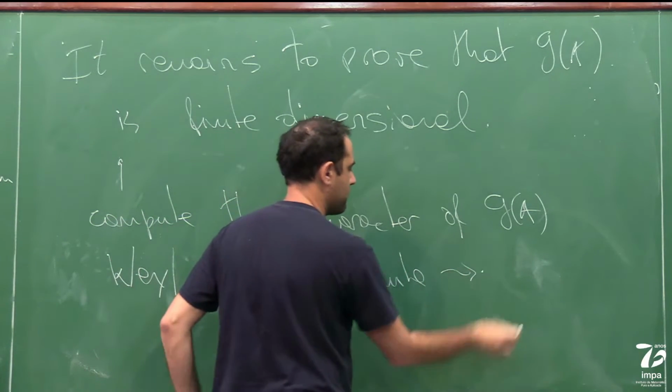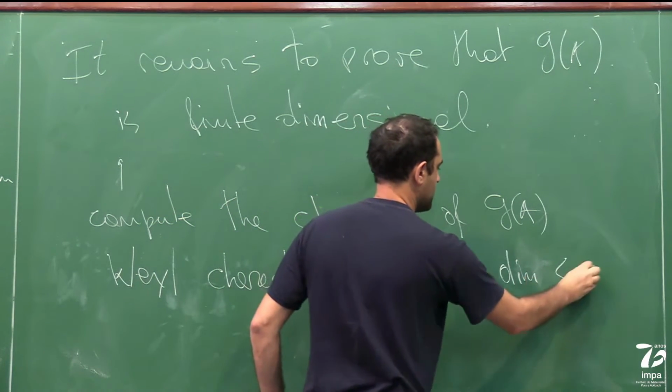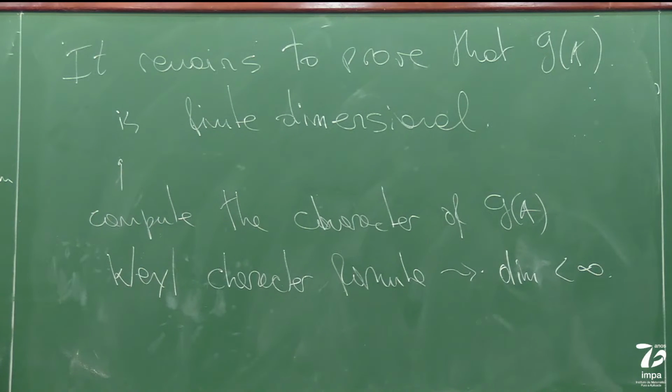And this leads to the fact that it's finite dimensional. So I suppose that Jethro is going to prove this in the next class. All right, so let's just stop right there.